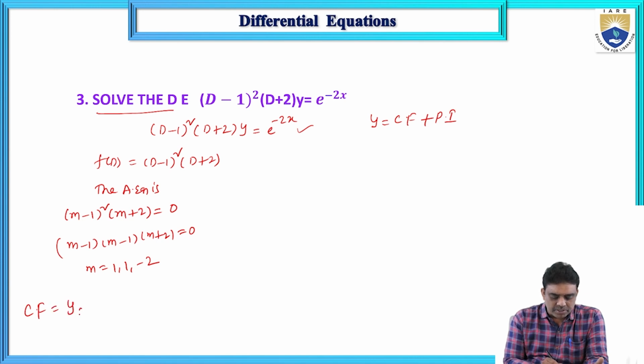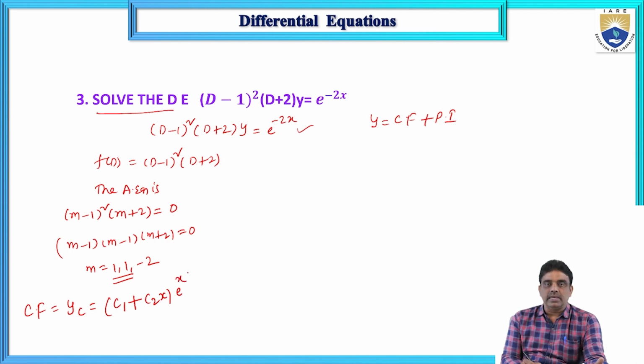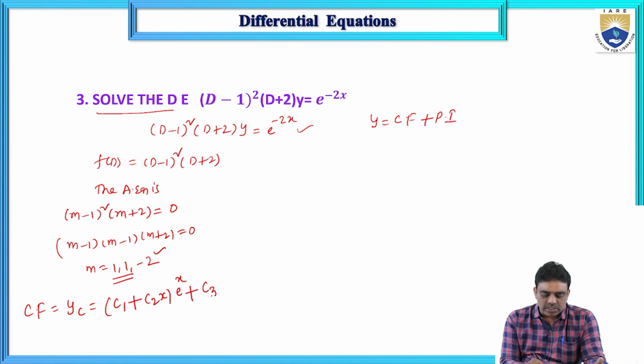So what is the complementary function? Therefore, the complementary function yc. Here 1 is repeated twice. So for this, the complementary function is c1 plus c2x of e power x. That is the term used for the roots 1, 1. And for the third root, minus 2, it is a different root, so I use the constant c3 e power minus 2x.